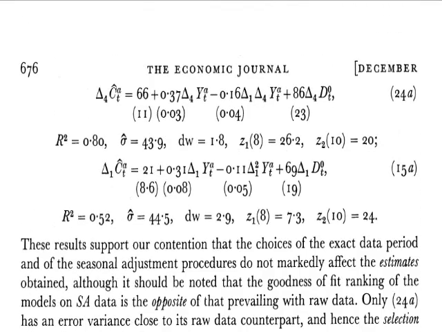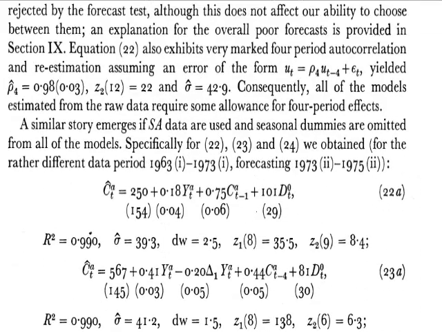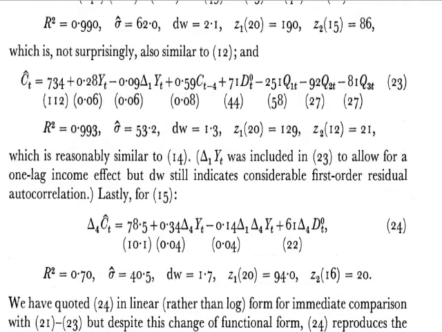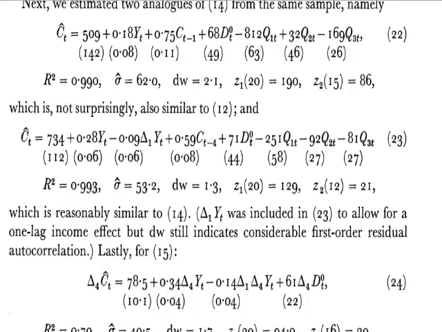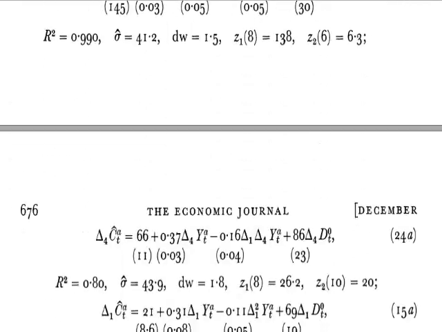Let's look at 23. Okay, so what's the difference between 23 and 27? Can you tell? Look at this. It has yt, delta 1 yt, ct minus 4, forget about the 68 dummy, and 3 seasonal dummies. Yt, delta 1 yt, ct minus 4, 3 seasonals. Okay, now we go to 27.